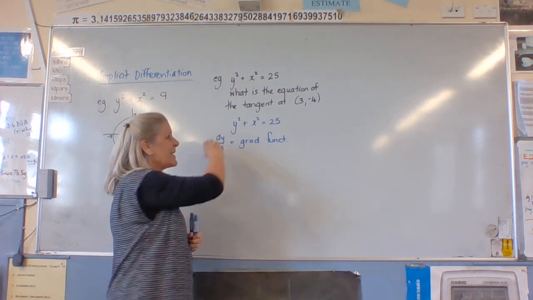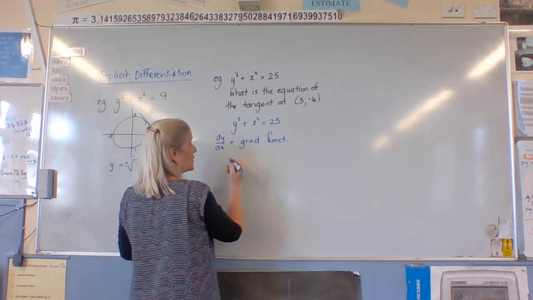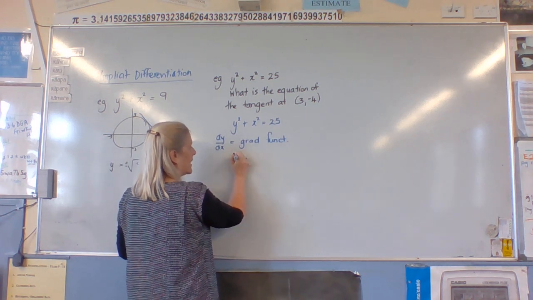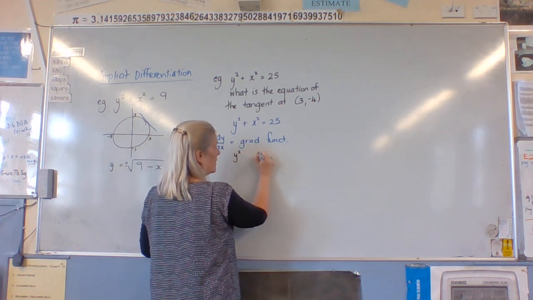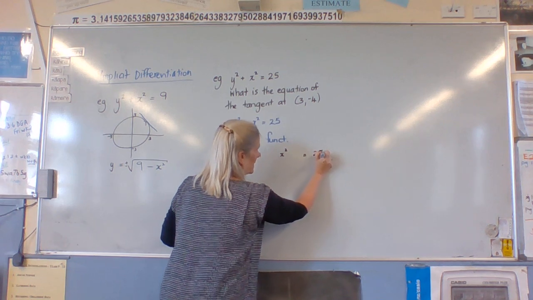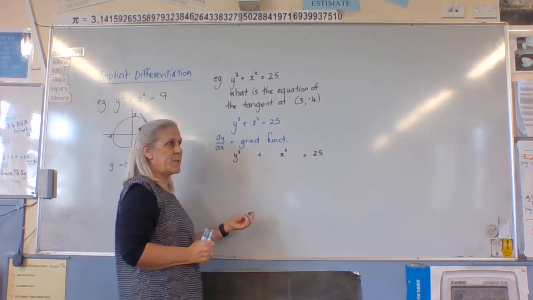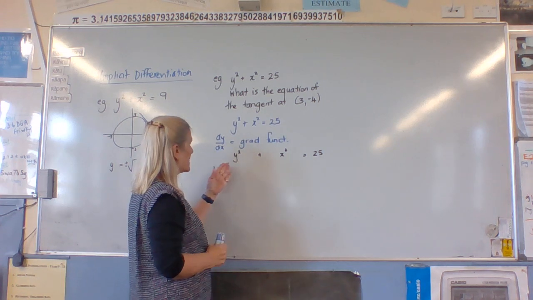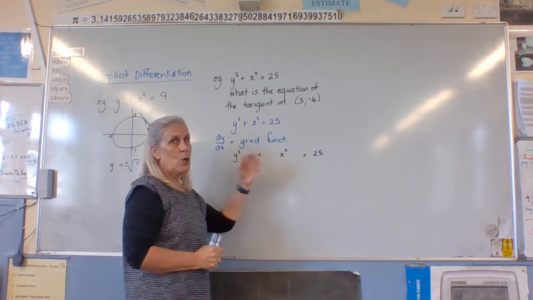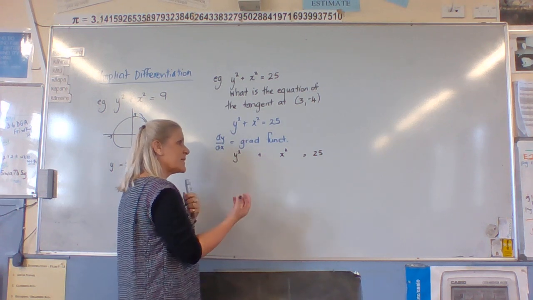I'm going to split this up into x's and y's. So yesterday we learnt that we can differentiate with different things, all right? We can differentiate y's with respect to t. We can differentiate x's with respect to y, etc., etc. So we just have to figure this out.